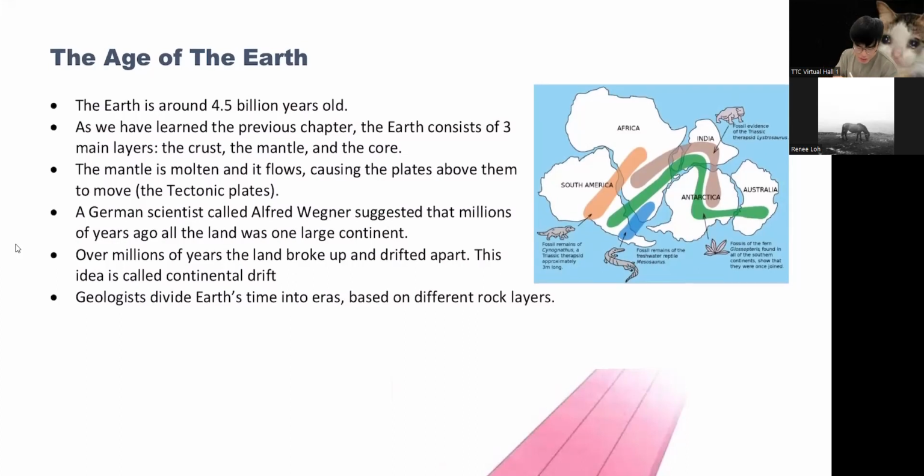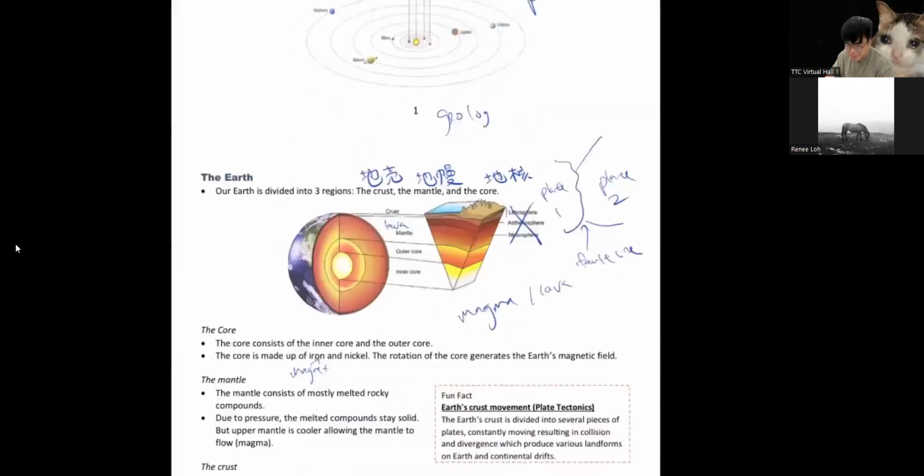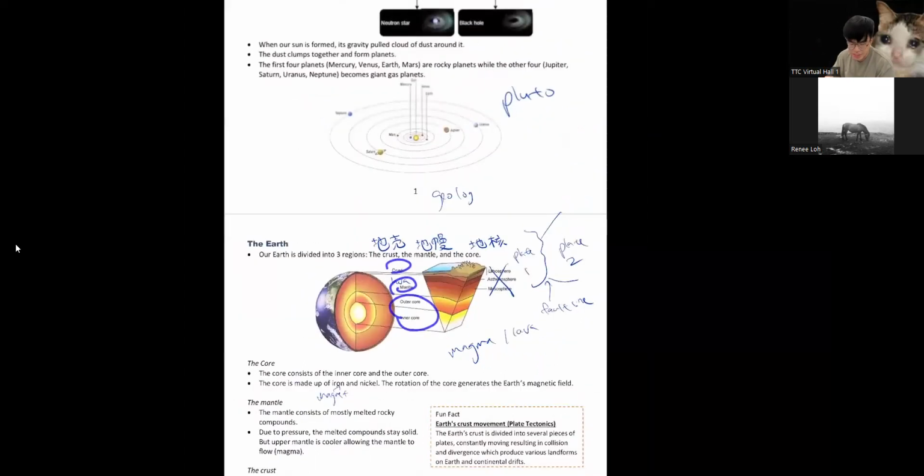As we have learned in the previous chapter, the Earth consists of 3 main layers. Earlier in chapter 8 we talked about the crust, the mantle, and the core. So our Earth has 3 layers.